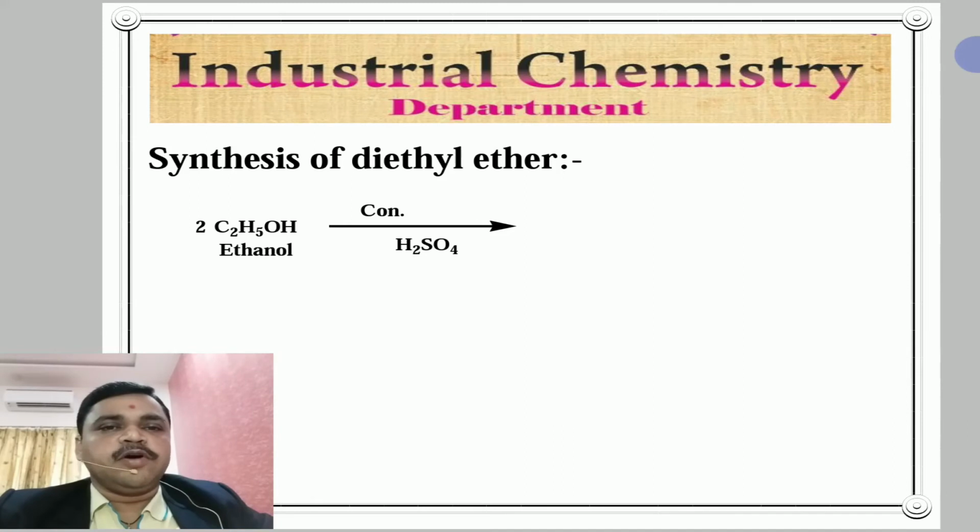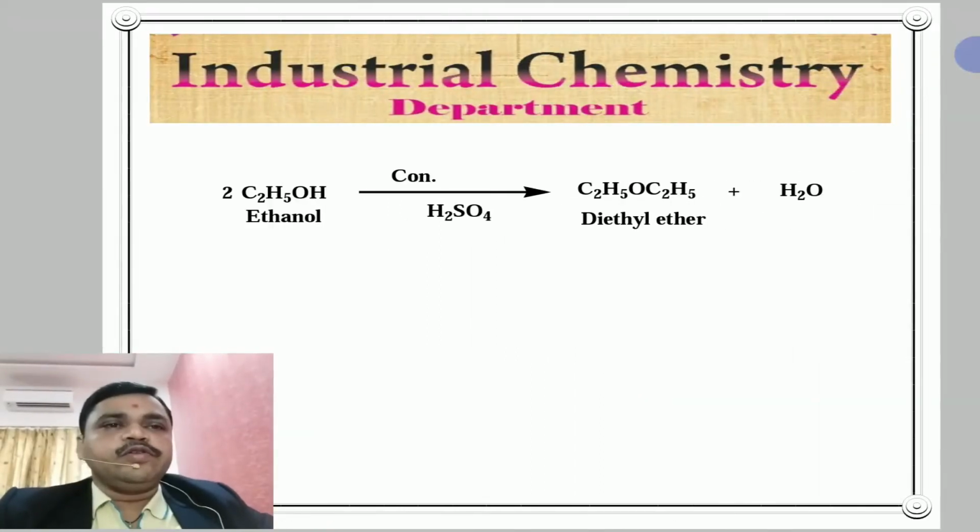So first of all we start with the synthesis of diethyl ether. Diethyl ether is synthesized from ethanol. 2 moles of ethanol are treated in the presence of concentrated sulfuric acid, so the water molecule is removed. 2 moles of ethanol give diethyl ether.